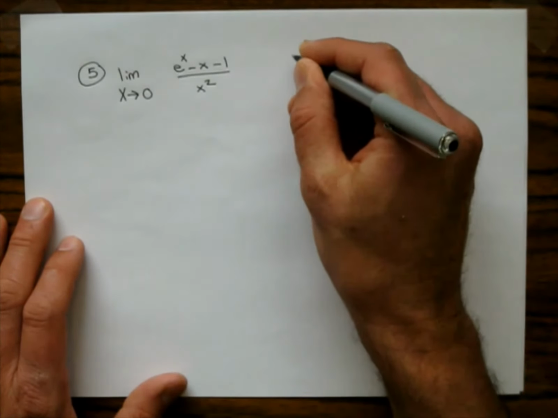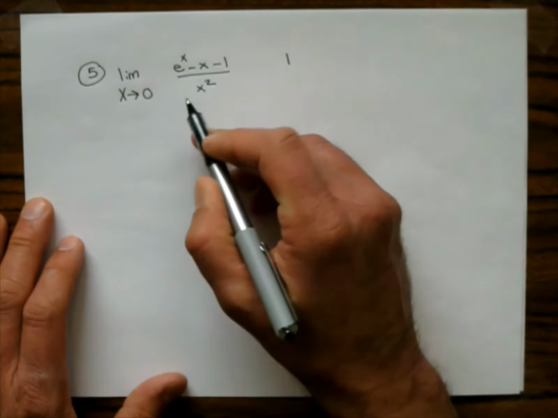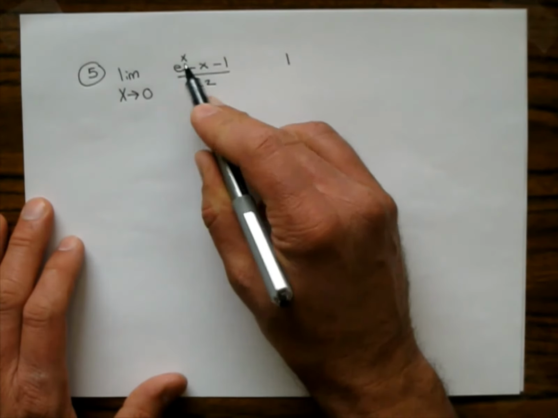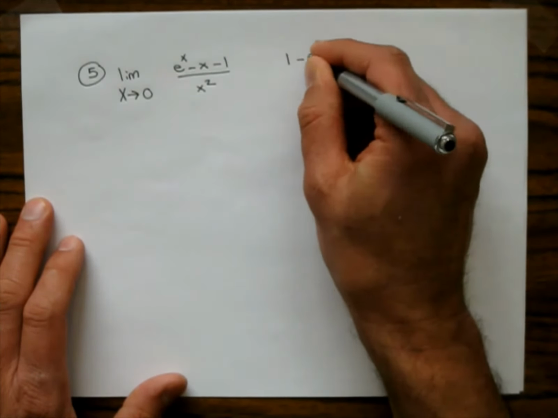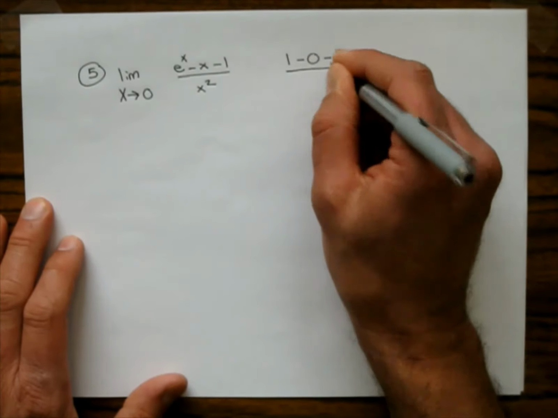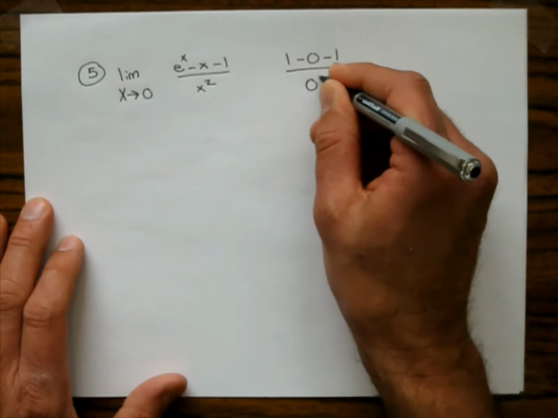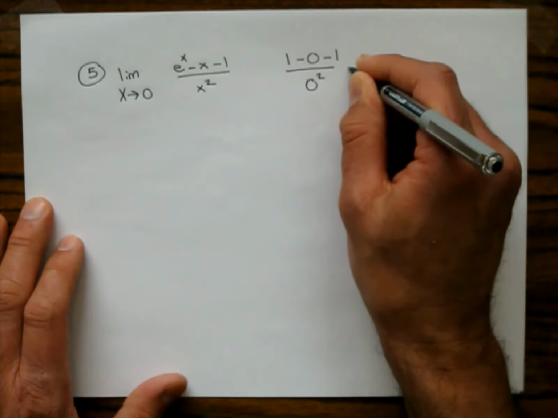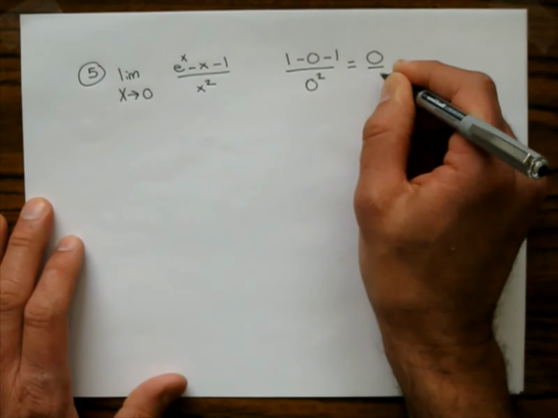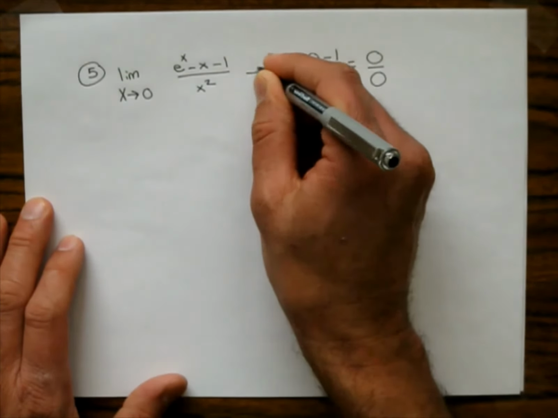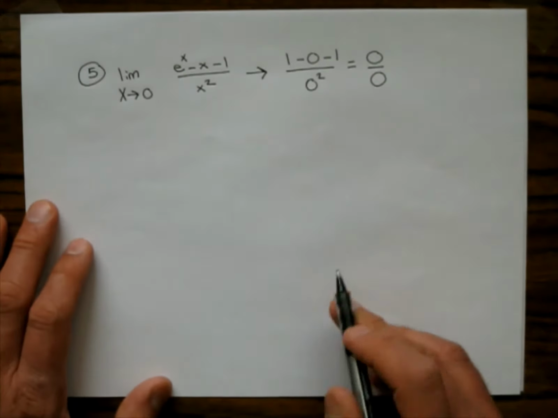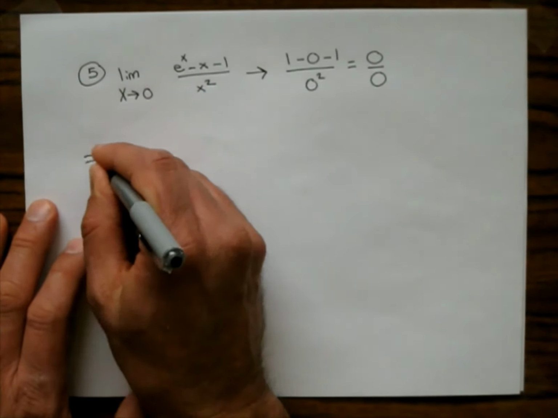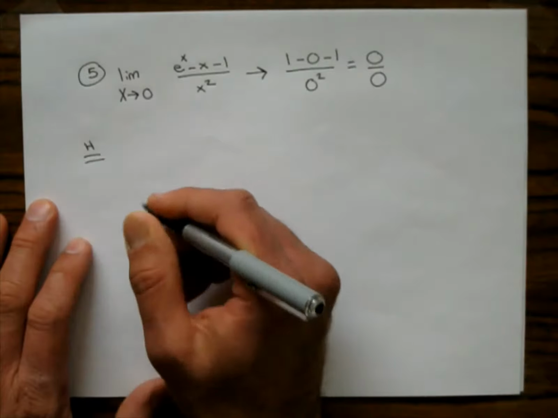When we put 0 in, we get 1, because e to the 0 is 1, minus 0, minus 1. And on the bottom, we get 0 squared. So this is 0 over 0. We don't want to say that it equals 0 over 0. And so this is a good time to do L'Hopital's rule.